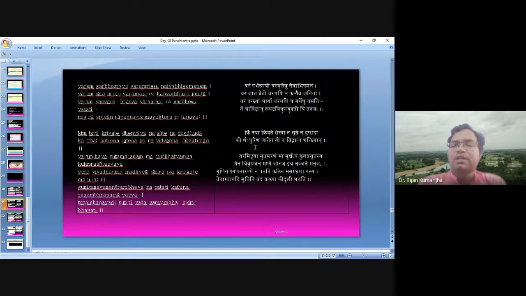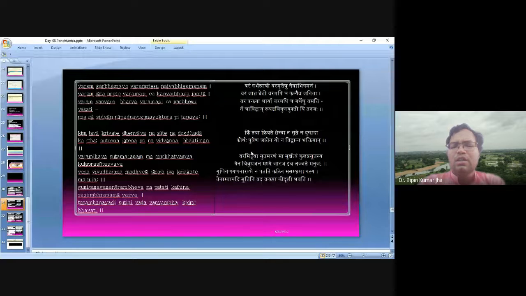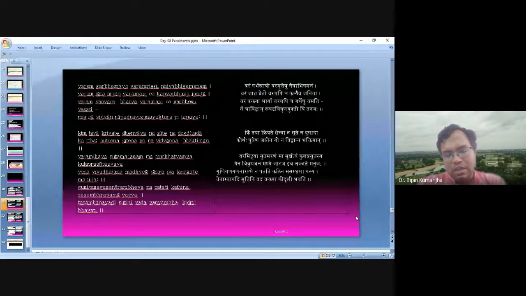Kim taya kriyate dhenva na suto na dugdhada, kortha putrena jatena jo na vidvan na bhaktiman. He is saying, kim taya kriyate dhenva, if you have a cow and she is not able to give milk, neither can she give a calf, then there is no utility of that cow.